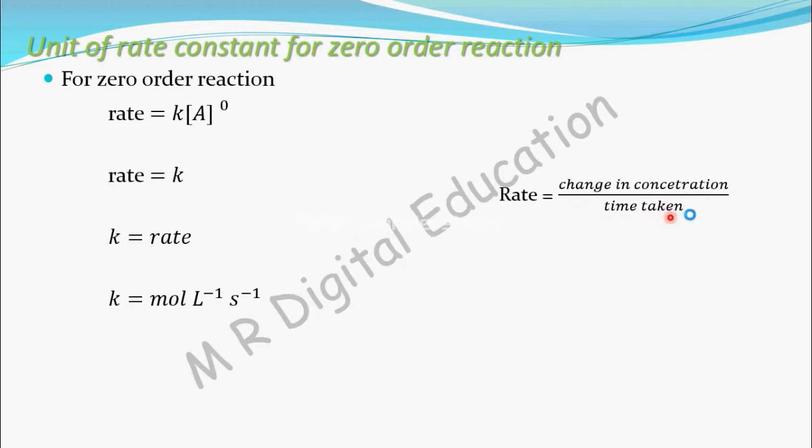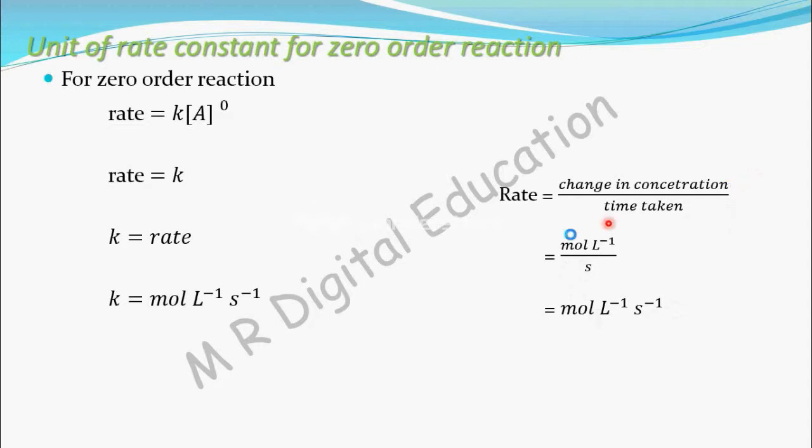Now if you express concentration in molarity, its unit is mole per liter, and time in second, then the unit of rate will become mole per liter per second. If you express time in minute, the unit will become mole per liter per minute. If you express time in hour, then mole per liter per hour.